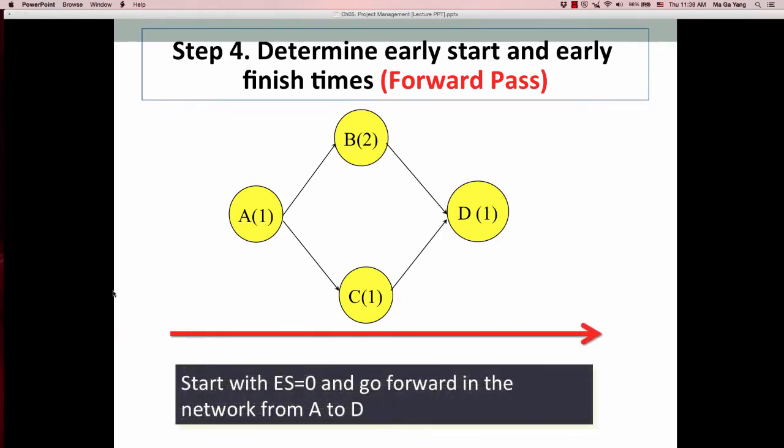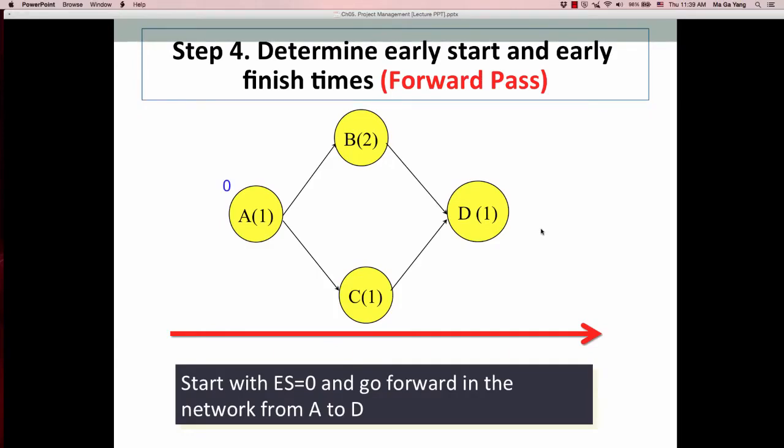Start with the early start time and go forward in the network from A to D. To calculate these numbers, we start from the beginning of the network and walk to the end. That's what we call the forward pass.